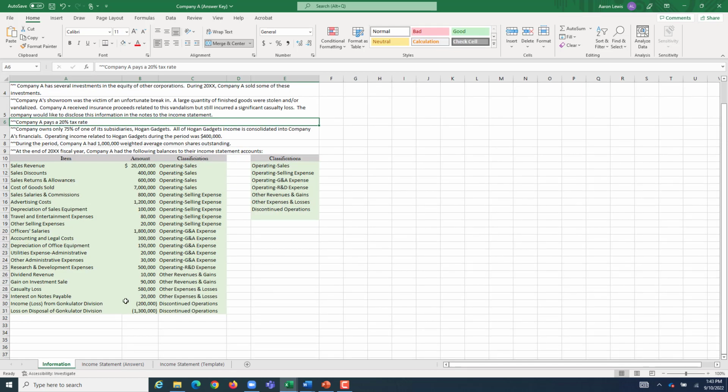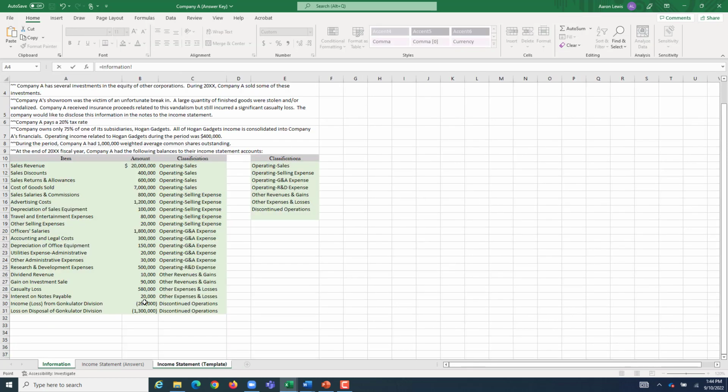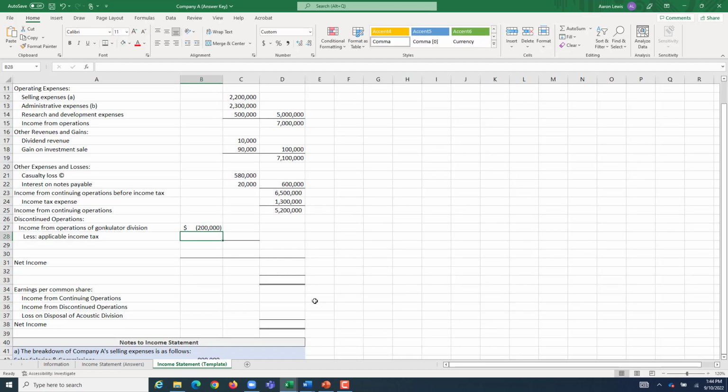So what was our income from the gonculator division? Well, there wasn't any. It was a loss from the gonculator division of $200,000. I'm going to throw that number into the leftmost column, 200,000, bring it on over. That loss that we incurred from the operations in that division, however, reduced our taxable income, which means that we saved on taxes we would have had to pay if we had previously discontinued the gonculator division.